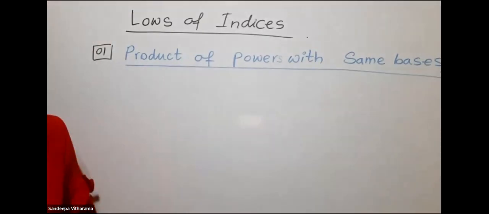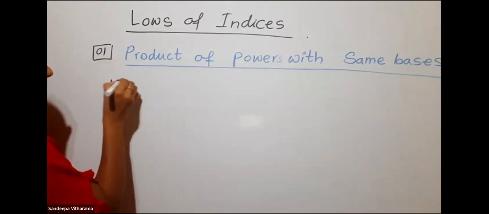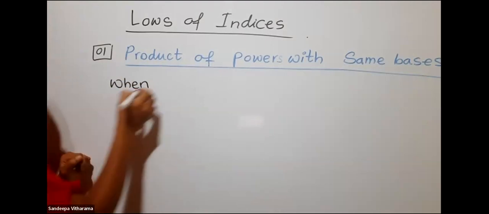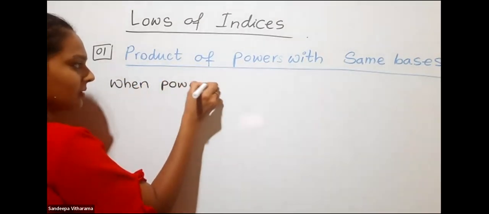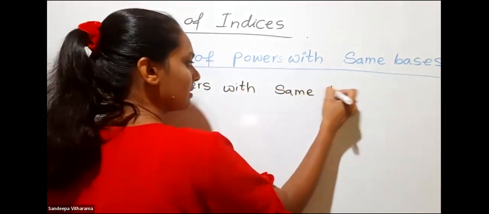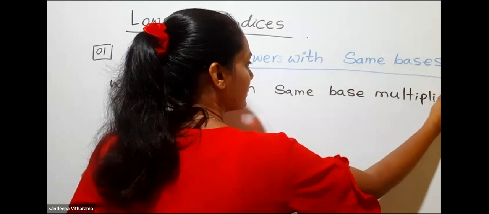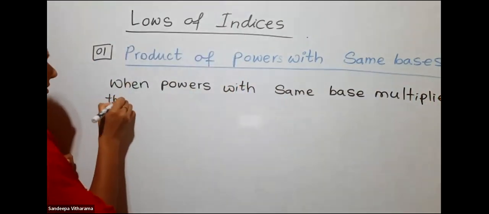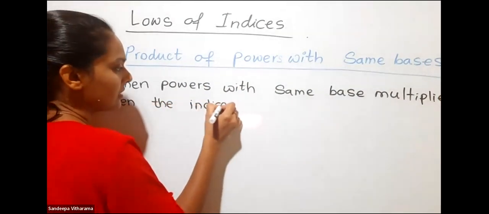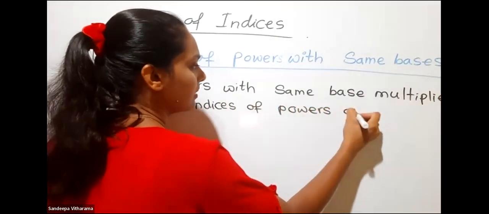Product means, this says when powers with same bases multiply, then the indices of the powers are added.